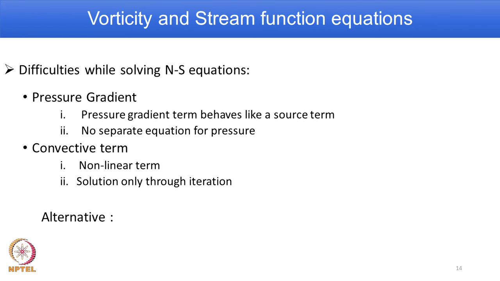So, can we have an alternative to overcome these two main difficulties? If you can eliminate the pressure term, and get an equation where such nonlinear behavior does not appear, that is what is known as the vorticity stream function formulation.